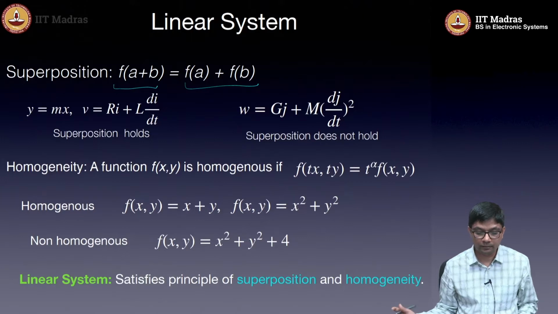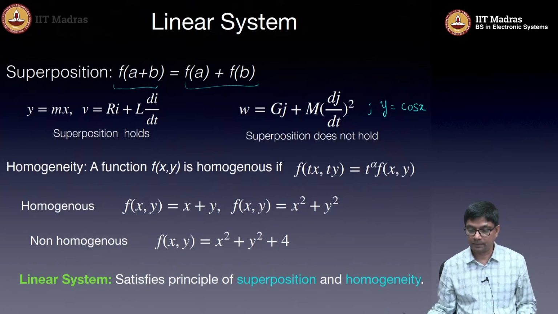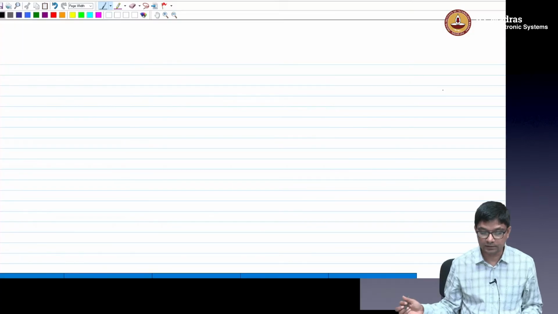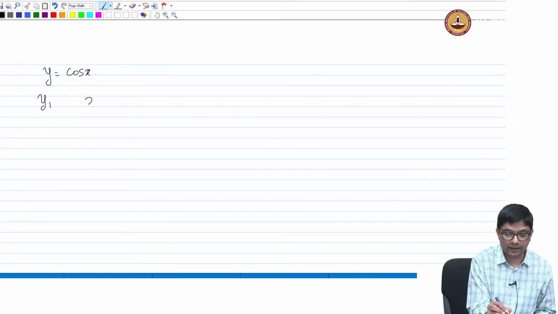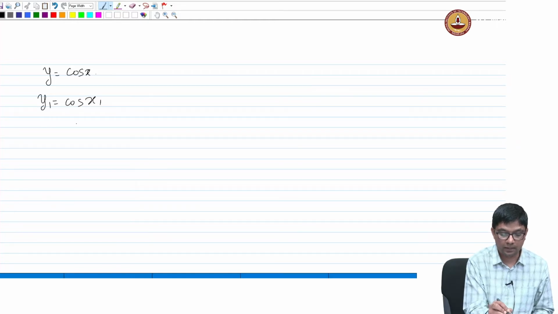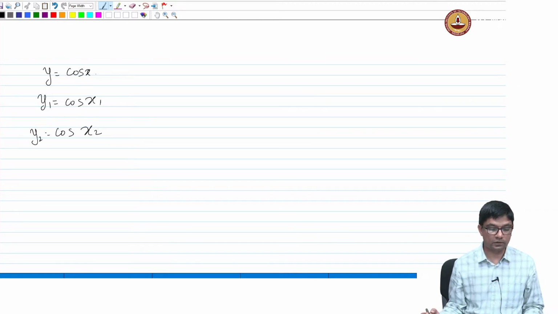Maybe I will put another example here also. Let us say y equal to cos of x. Because of x1, the output will be cos of x1. Because of x2, the output will be cos of x2.